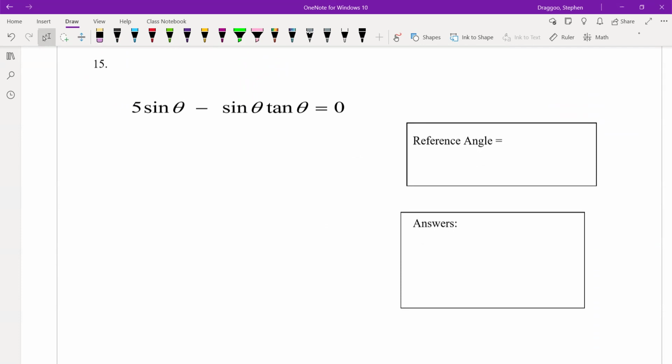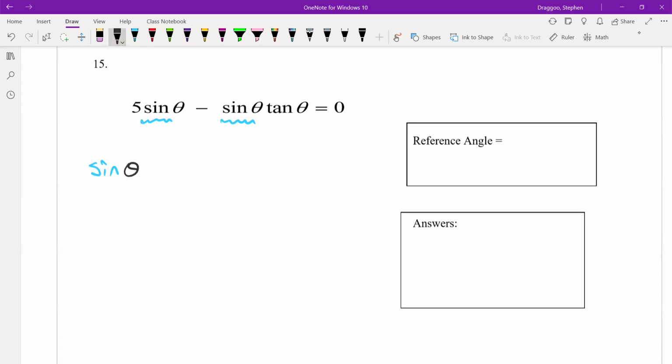So doing this one more time, 5 sine theta minus sine theta tangent theta equals 0. And again, finding all of our solutions, everything that we can get. So the first thing I'll do is notice that there is a sine of theta in each of my two terms, meaning that could be factored out.